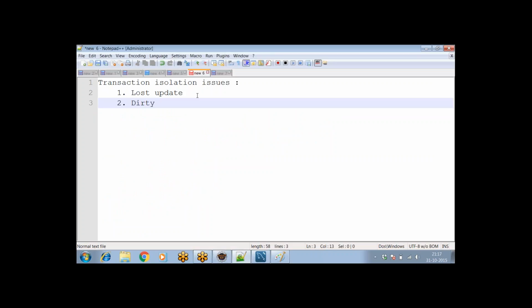Dirty read means reading the data which is not yet committed.